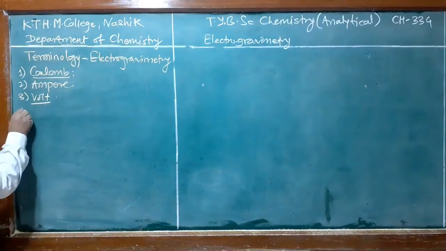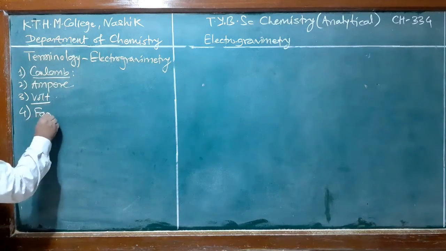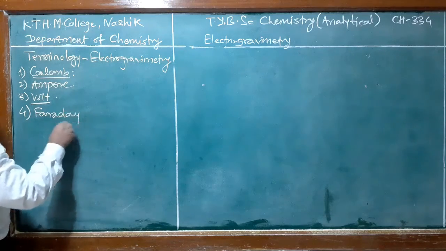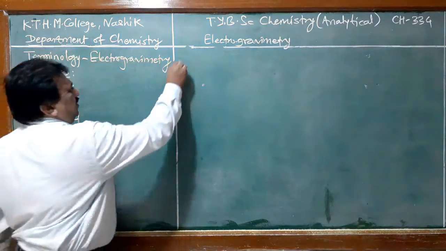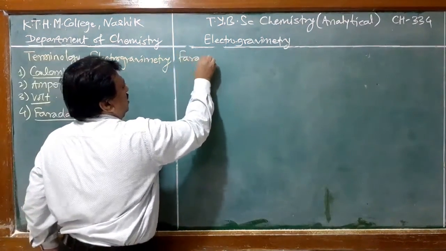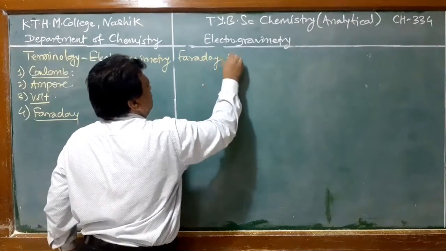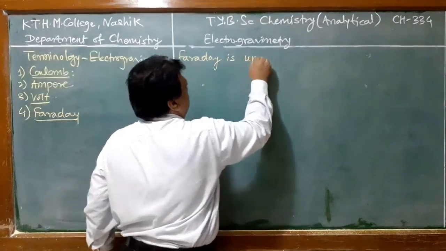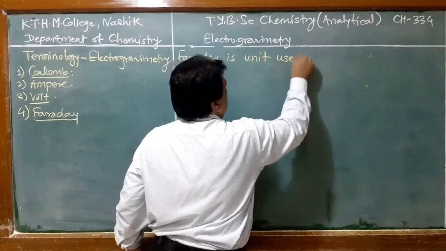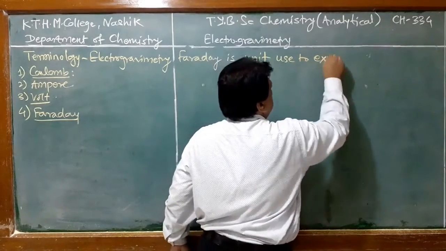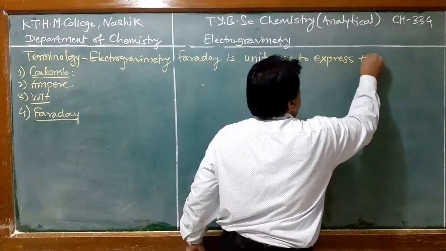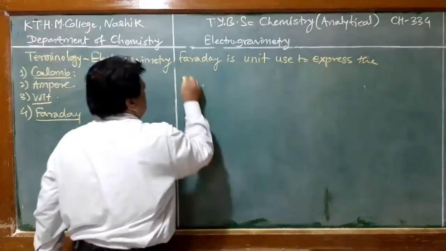Student, now we discuss Faraday and how it liberates 1 gram equivalent of substance. Next terminology in electrochemistry is the Faraday. We already discussed Faraday. Faraday is the unit used to express the quantity of electricity.